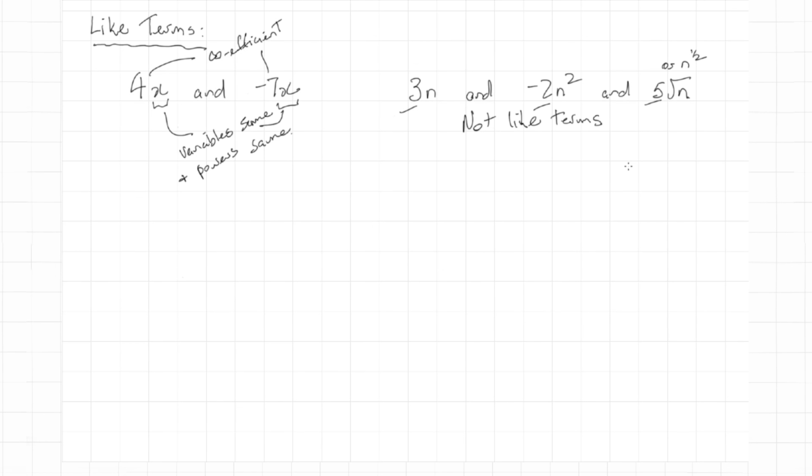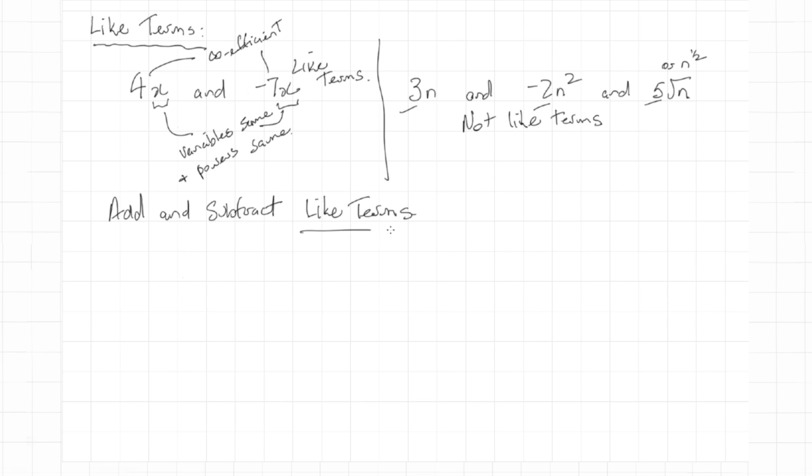And the reason we make the difference between what are like terms and what are not like terms is the fact that we can add and subtract like terms only. So let's just look at addition. So we've got 4x plus negative 7x.